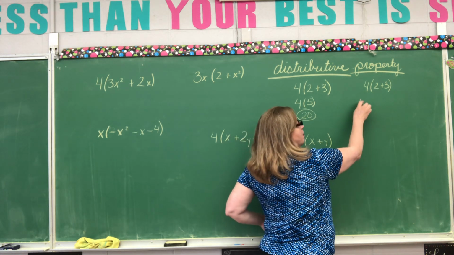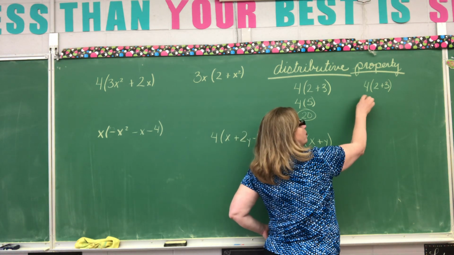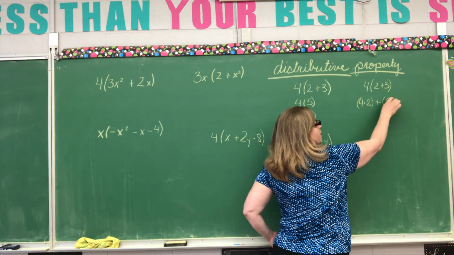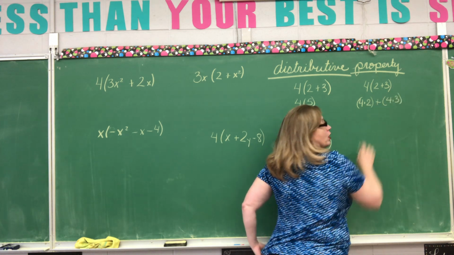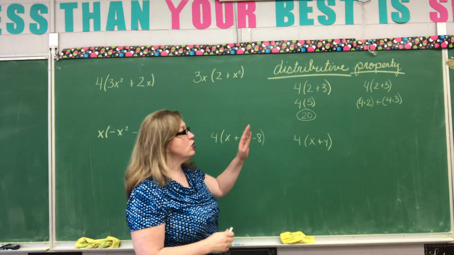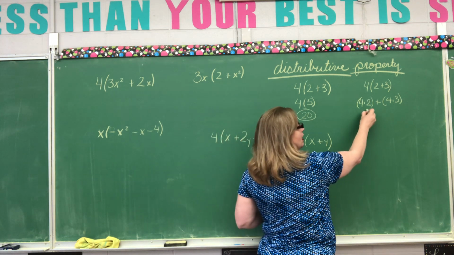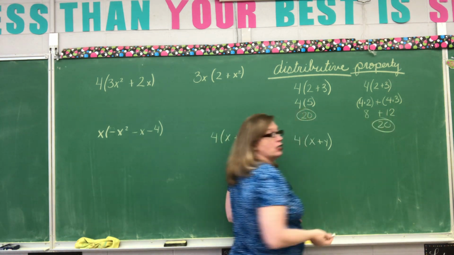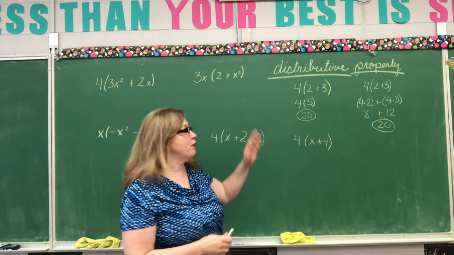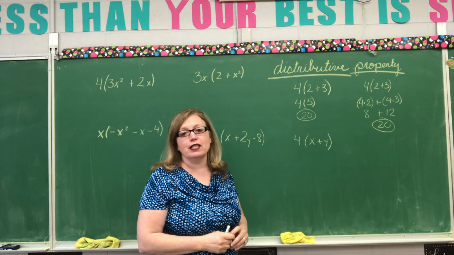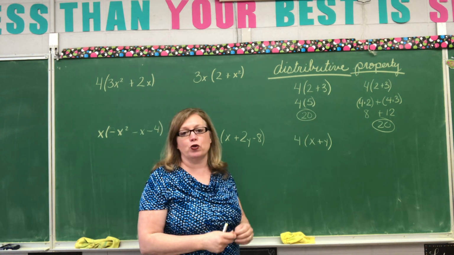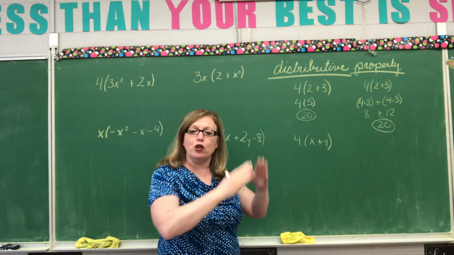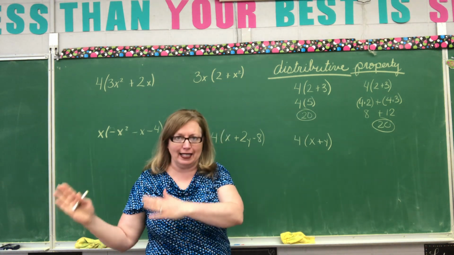So I would say 4 times 2 plus 4 times 3. Okay, so 4 times 2 is 8, and 4 times 3 is 12, so my final answer is still 20. The only difference in the two answers is that the second one is using the distributive property. I'm showing you how I'm breaking it down.